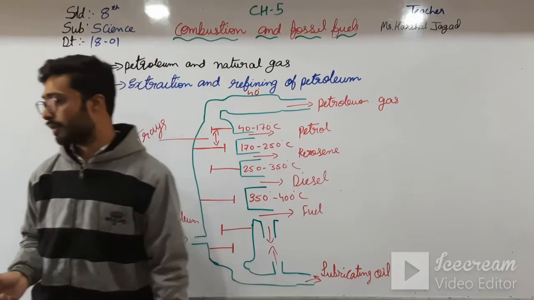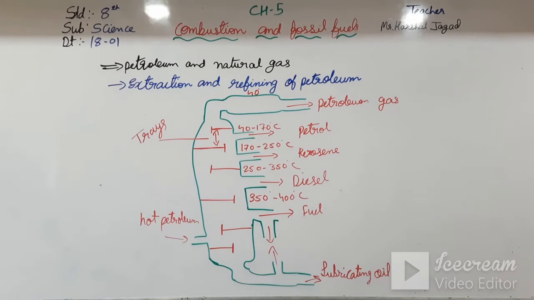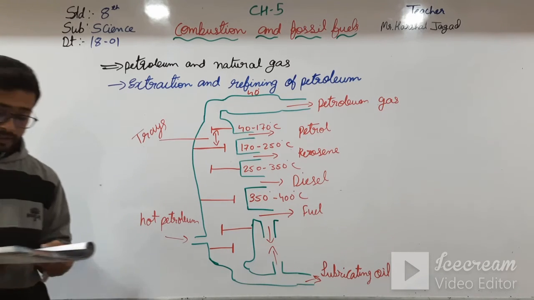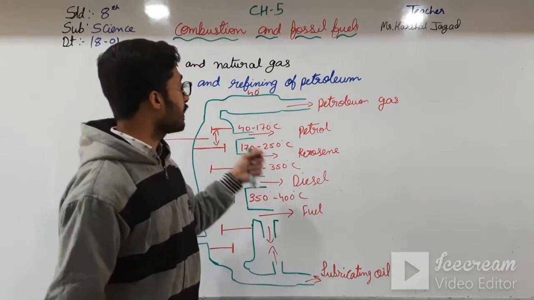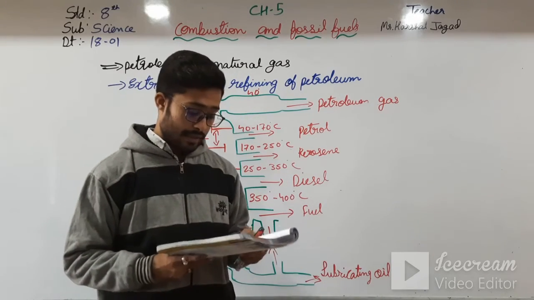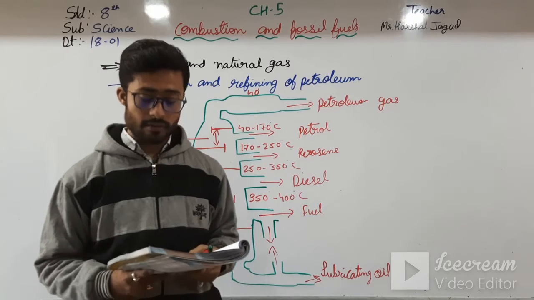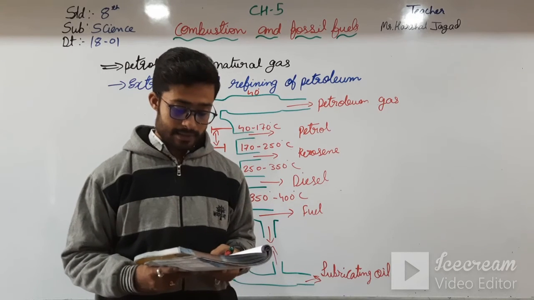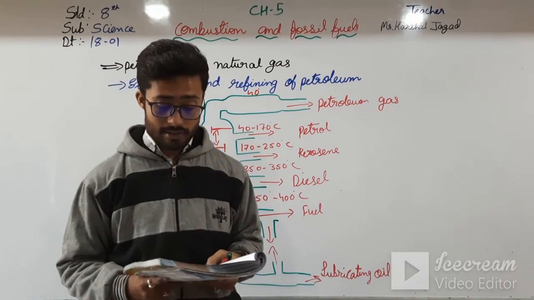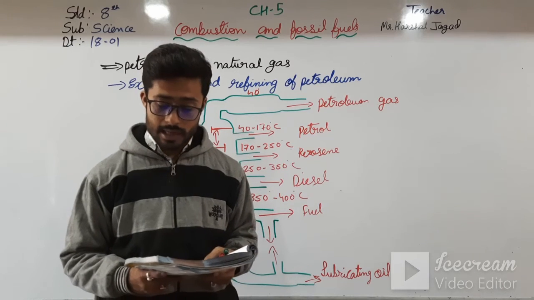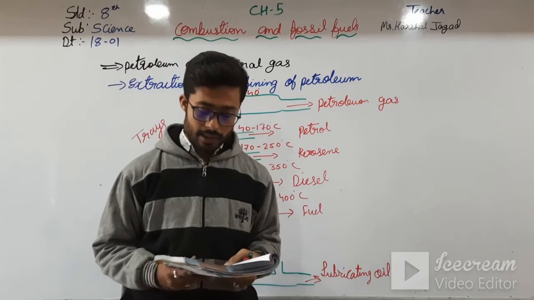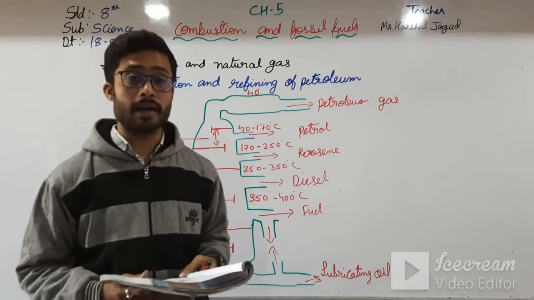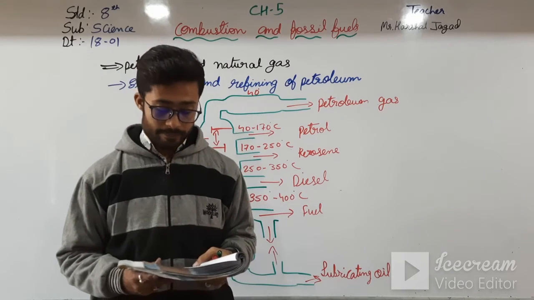Okay, moving further, you can see natural gas consists mainly of methane. It has the following main uses. When natural gas is formed, it is used as fuel for the generation of electricity. Compressed natural gas, that is CNG, is natural gas compressed under high pressure. It is used as fuel in automobiles as it is more economical and environmentally friendly than petrol and diesel.